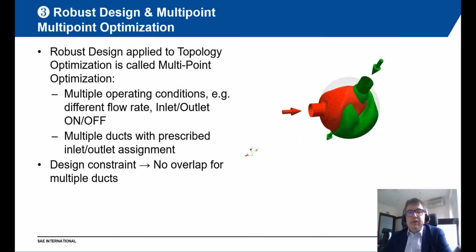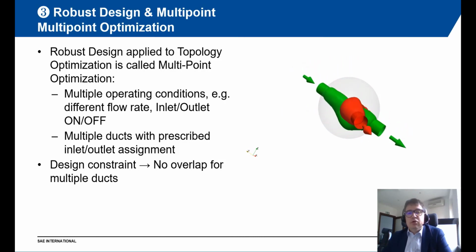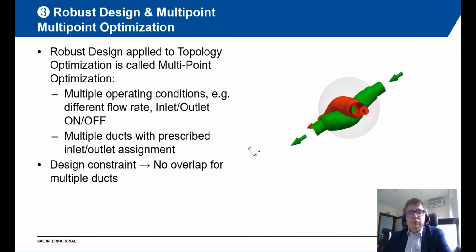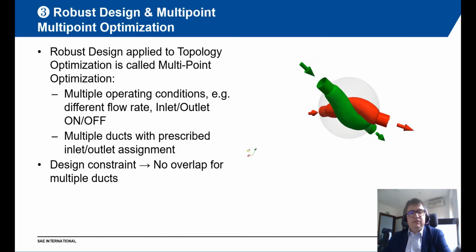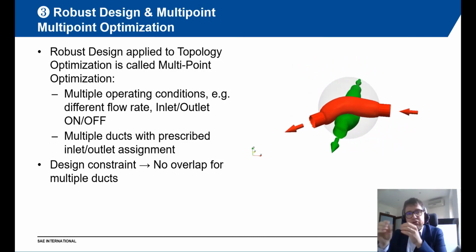When it comes to applying robust design to topology optimization, we talk about multi-point optimization. This works for multiple operating conditions. For example, you can have different flow rates at the inlet, or different combinations of inlets and outlets.